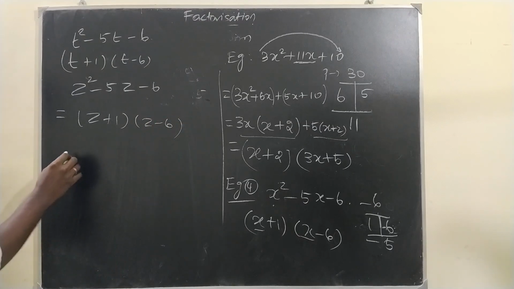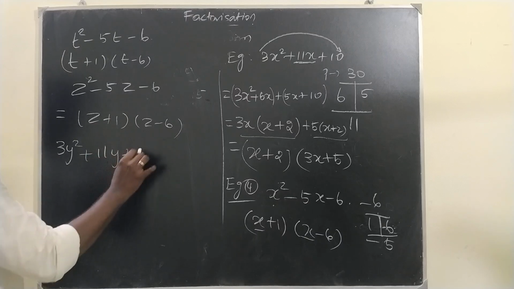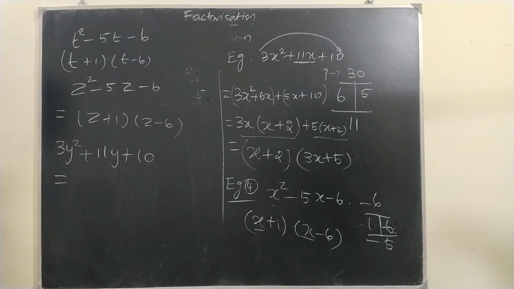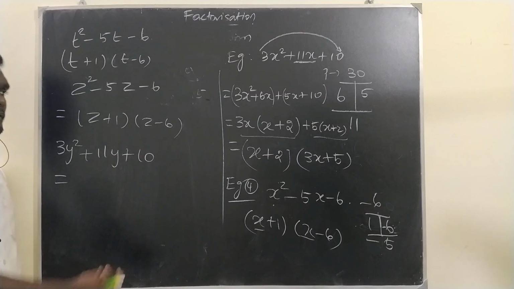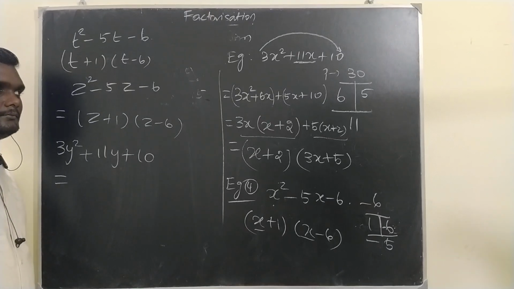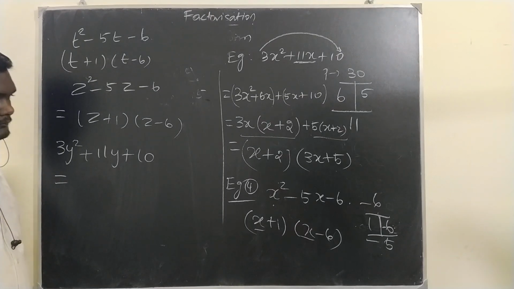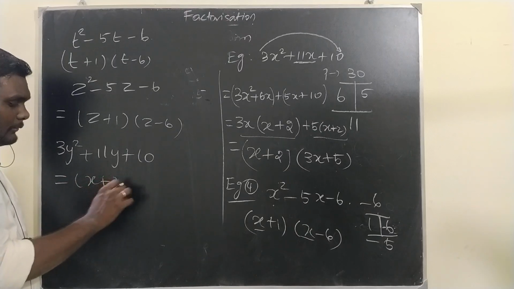Okay. Now, what will be the factorization of 3y square plus 11y plus 10? Don't struggle too much. Look at there. What, man? Is that x plus 2, 3x plus 1?